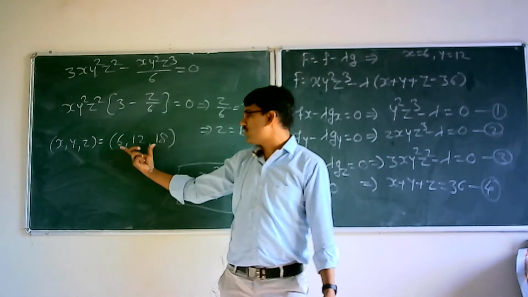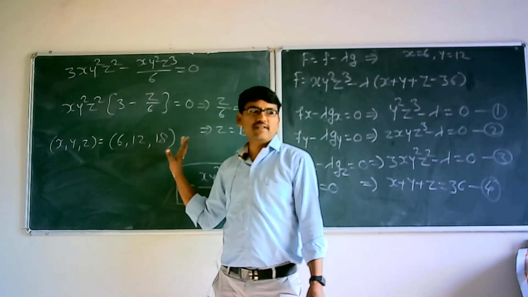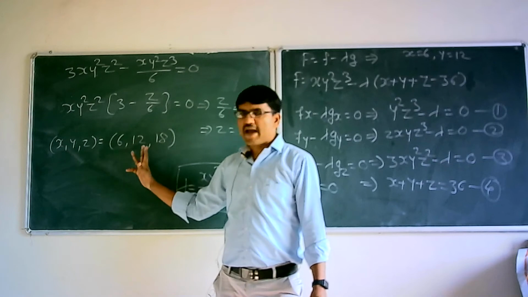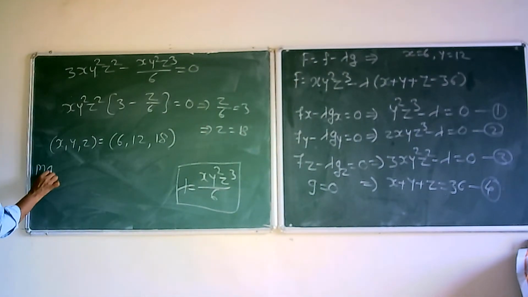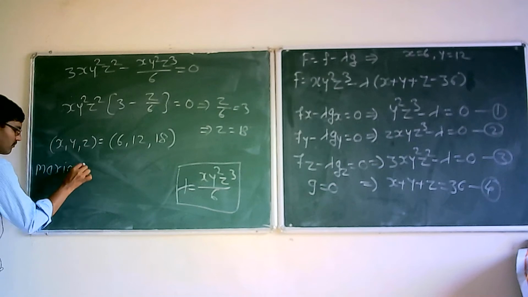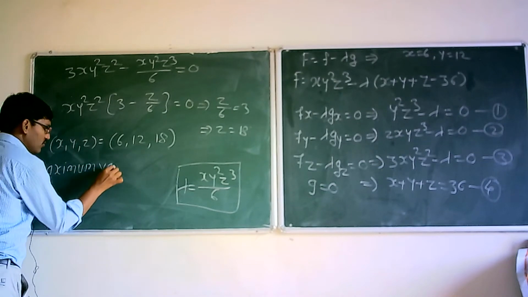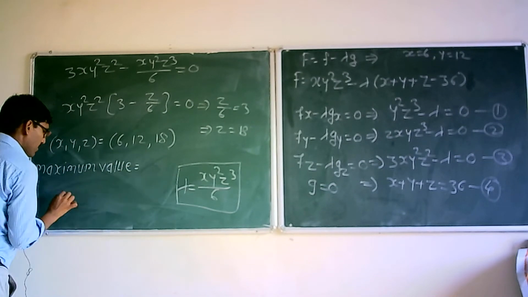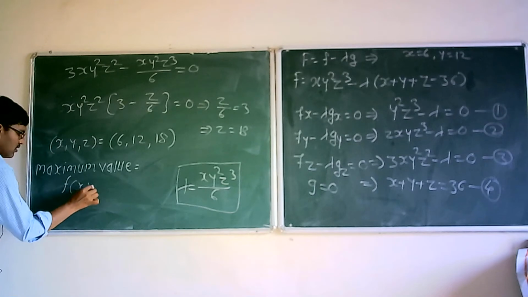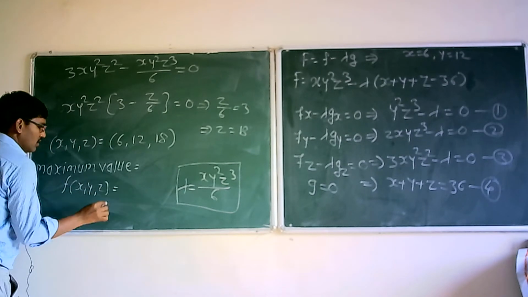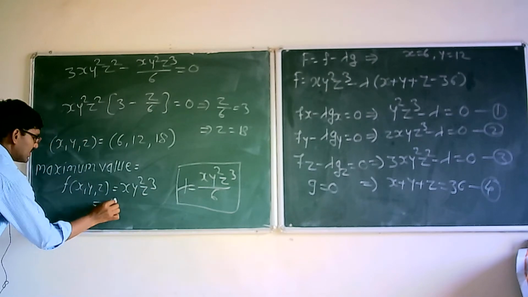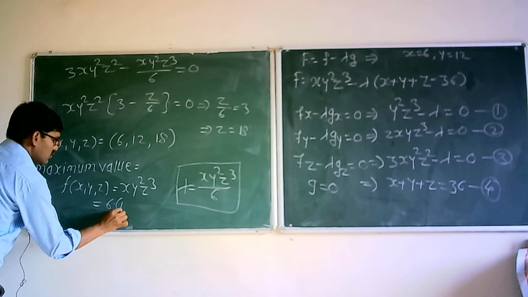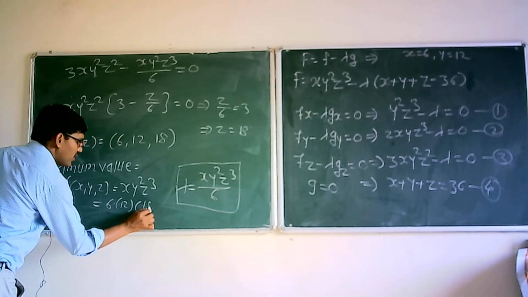If you take the addition of these terms, it is 18 plus 18, 36, which maximizes the function f of x, y, z. What is the maximum value? The maximum value is f of x, y, z equal to x y square z cube. So x is 6, y is 12 square, and z is 18 cube.